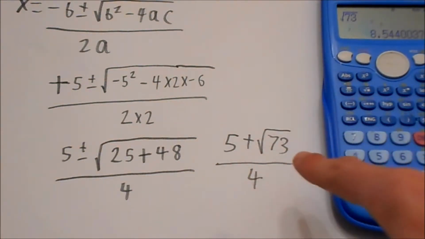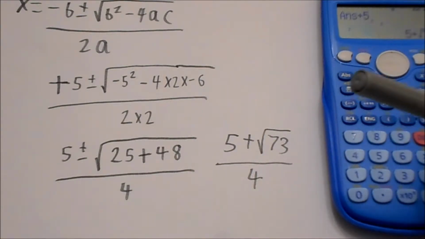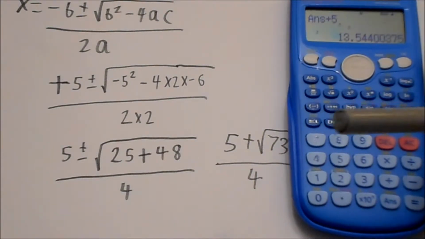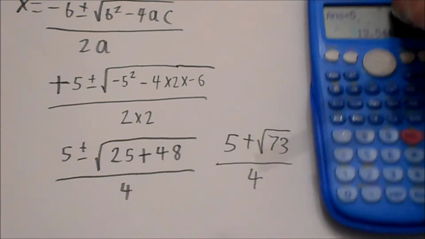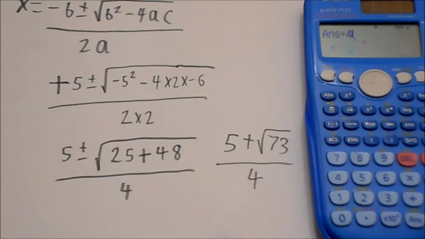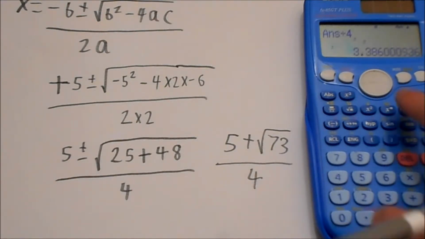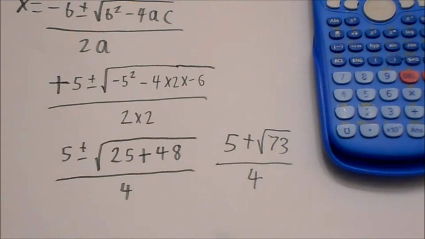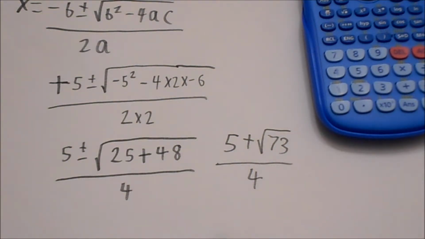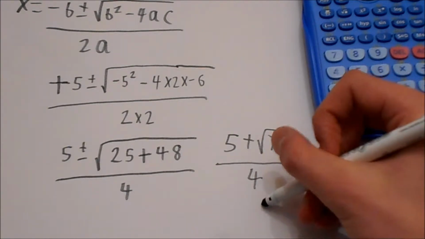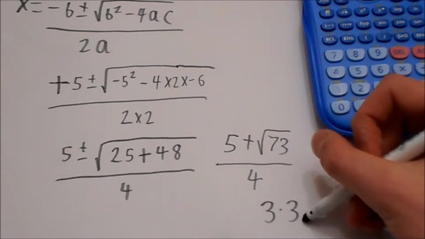So that would be 5 plus 8.544, which is 13.54, and then we're dividing that by 4. So we divide that by 4, we get 3.386. So let's do it to 2 decimal places. So that would be 3.39.